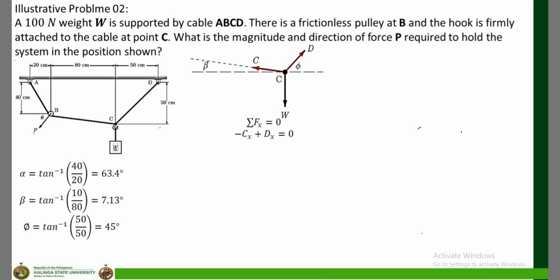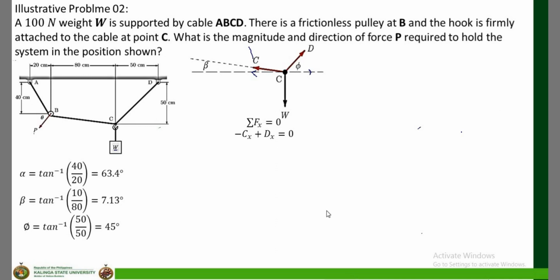Why is Cx negative and Dx positive? The x component of C is pointing to the left, right? The x component of D is pointing to the right. In our sign convention, a force to the left is negative, and a force to the right is positive. Okay?